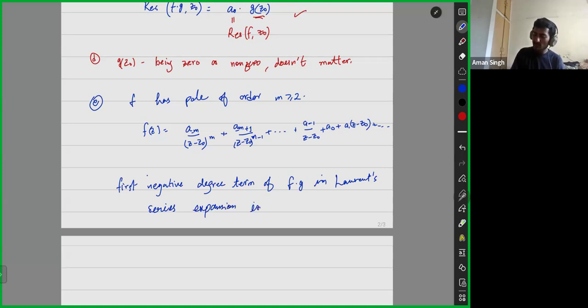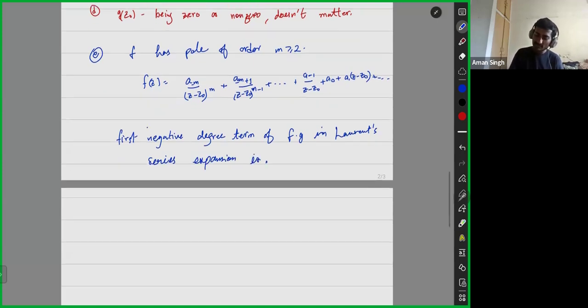What is that? a minus 1 by z minus z naught into g of z naught.